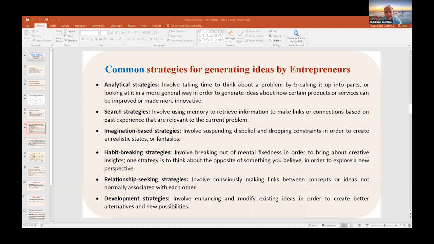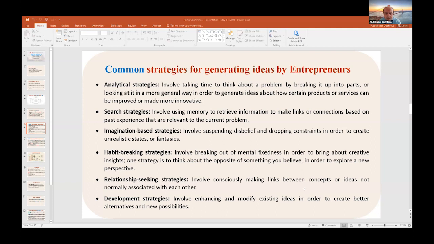Typically, entrepreneurs can generate ideas in many different ways. Here's a list of, it's not an exhaustive list, the most common ways of generating ideas. Sometimes we observe what's going on in society and identify problems. Sometimes we recall a problem that we have seen before and we can brainstorm some ideas on how to solve it.